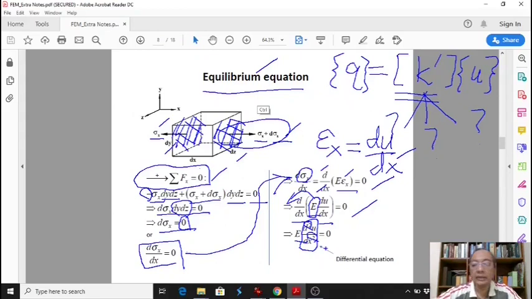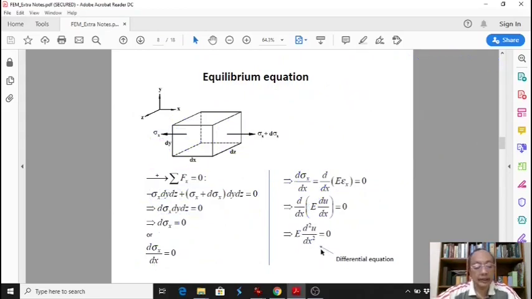So we found this equation: E times the second derivative of u equal to 0.